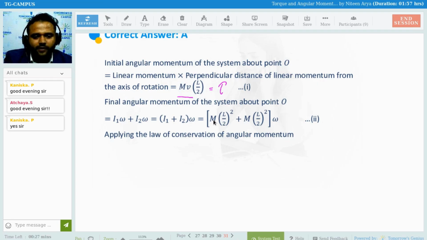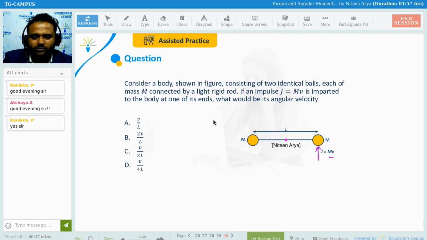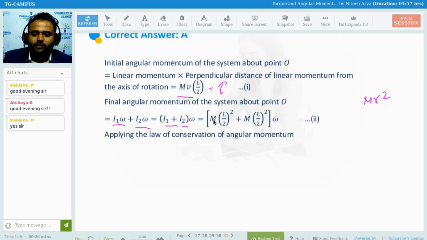So we find the final angular momentum of the system about point O, I1 omega plus I2 omega, because the omega is going to multiply, or rotate, I1 plus I2 into omega. I is ml square by 2, and then simply mr square. How mr square? Because this is my r, this is my r, and that is L by 2, and that is L by 2. So for this one mr square, for this one mr square.